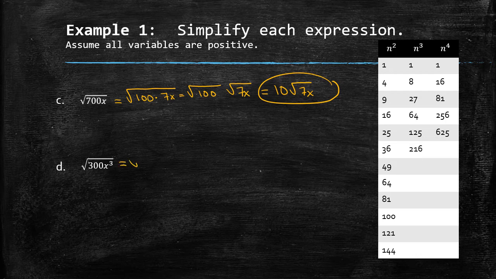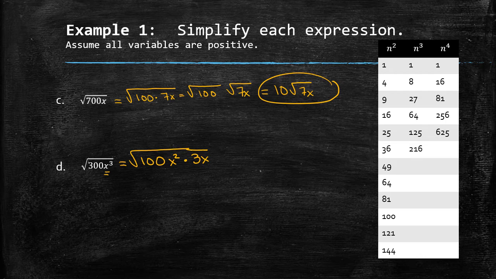Okay, similarly, I have 300x cubed. 300 is not a perfect square, but 100 is, and that divides into it. Also, this time I have x to the third power. So I'm going to think of x to the third power as x squared times x. And I'm writing my 3 in as well.